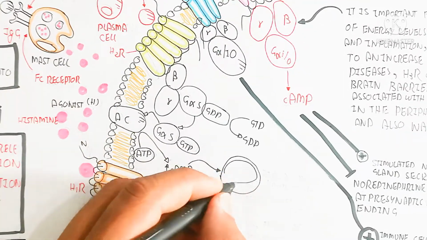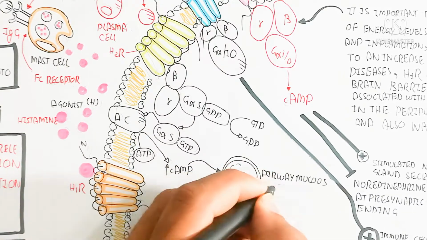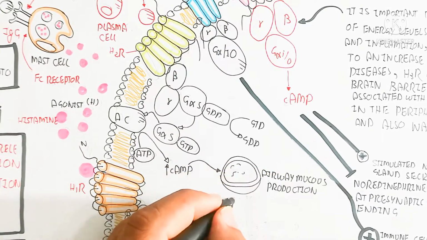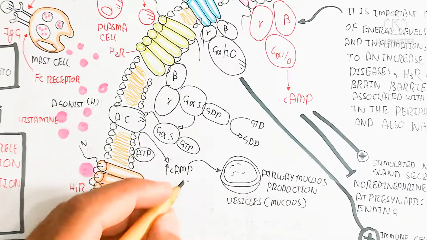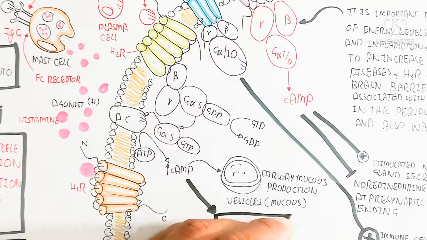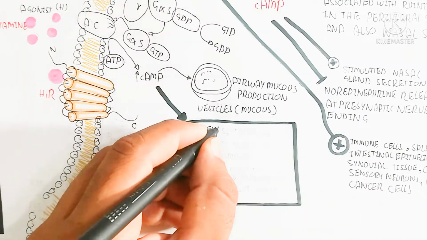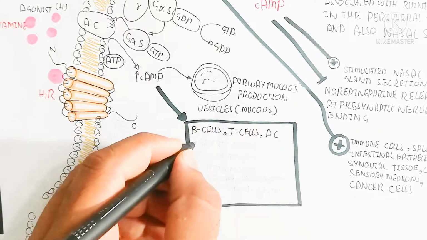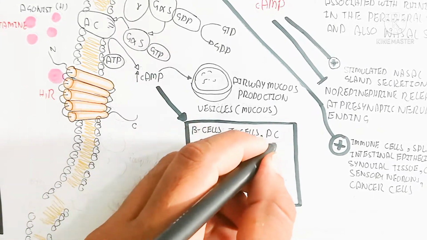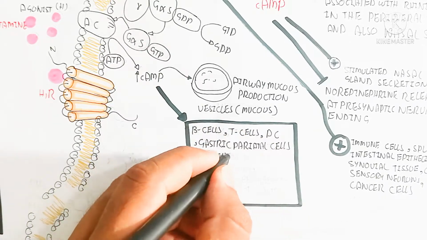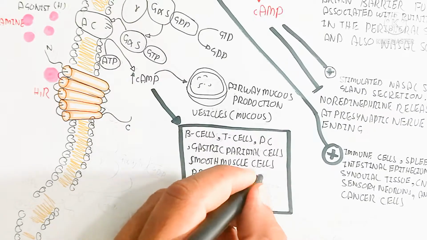But the next is the H2 receptor. The H2 receptor will bind with the histamine, leading the trimeric subunit to be released to activate the G alpha subunit. As G alpha S is activated, it leads adenylate cyclase to activate, and cyclic AMP increases, leading to vesicles containing mucus, so airway mucus production will occur through histamine binding.